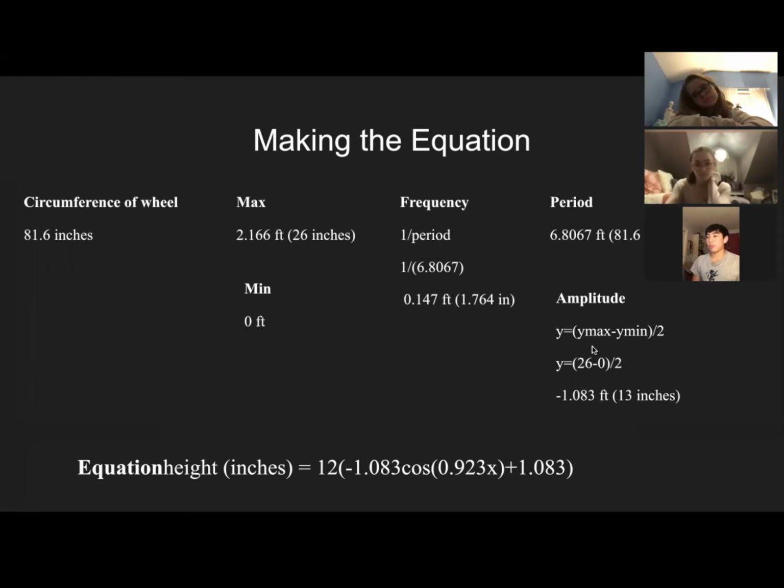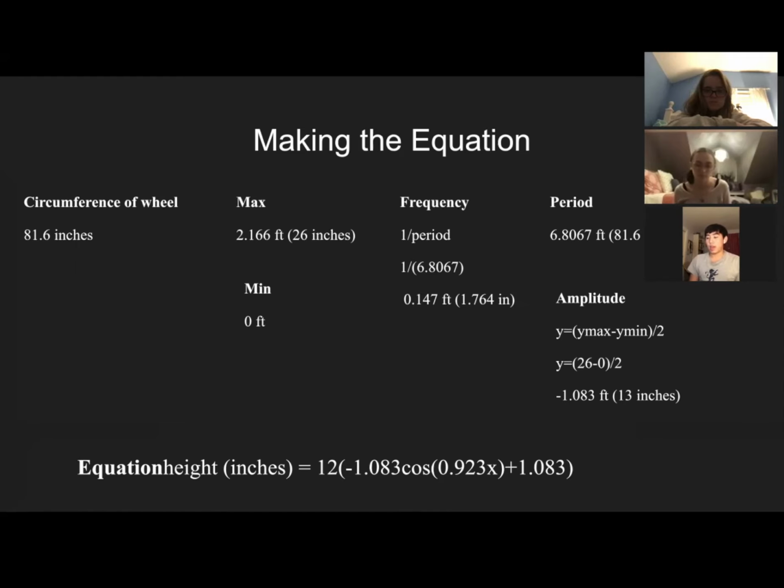Thus, the amplitude would be 13 inches, or negative 1.083 feet. And from there, we found the equation: 12 times negative 1.083 cosine, within the parentheses, 0.923x plus 1.083.